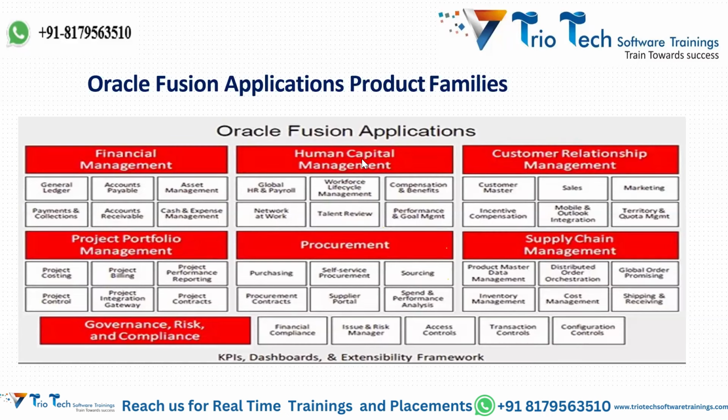Talking about human capital management, guys, there is a product called HR and payroll. There is compensation management, where we manage the compensation. There is a talent management module, where we manage the talent, the performance, and the goals that the employee is setting. We are managing the workforce life cycle, where the person has been hired, promoted, terminated, reverse terminated, or retired.